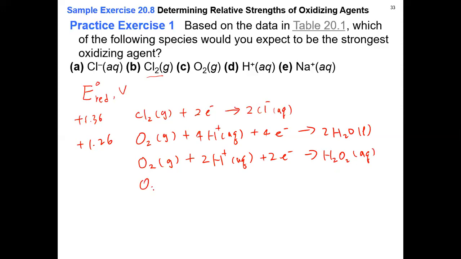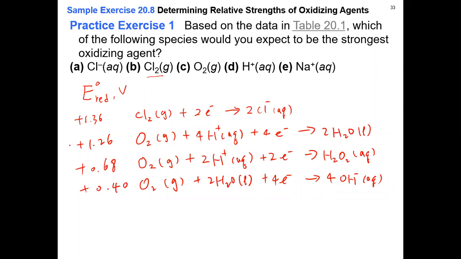Or you can take O2 gas and not use any acid, just use water. Water is liquid, plus 4 electrons, to produce hydroxide. This has numbers of plus 0.68 and plus 0.40; all these three are for oxygen gas, and we prefer to choose the last one.